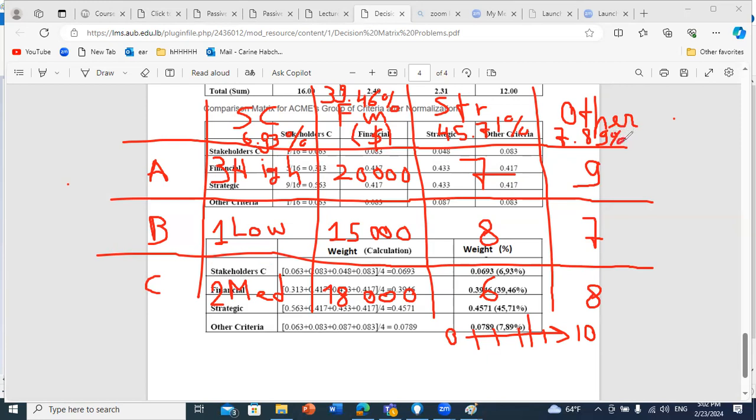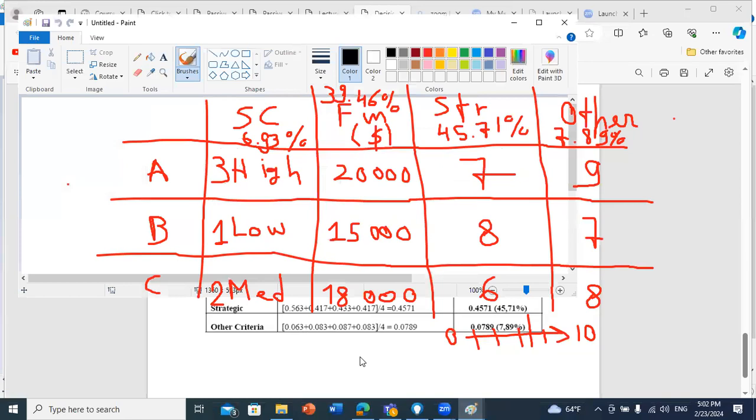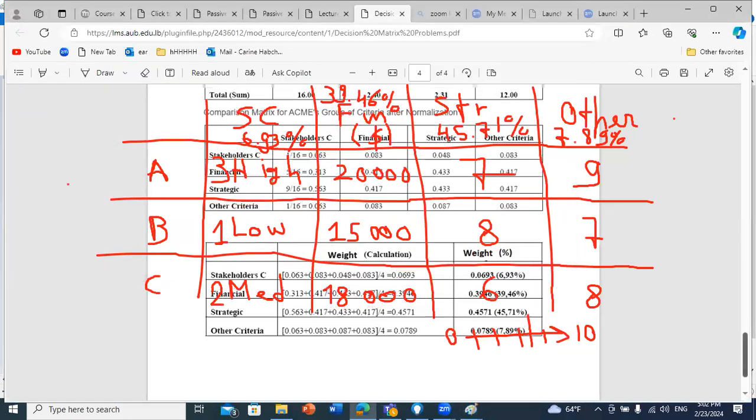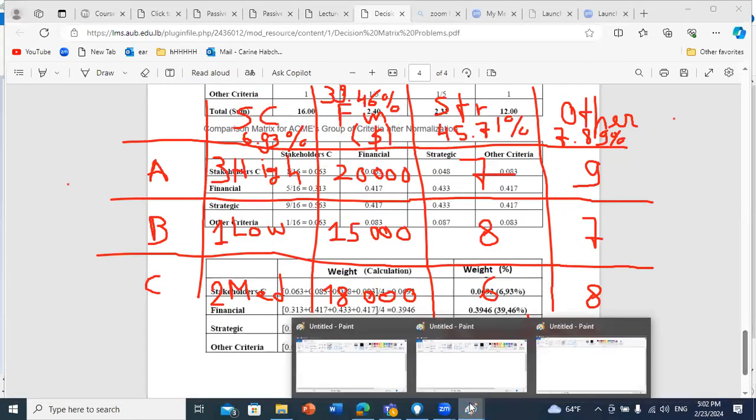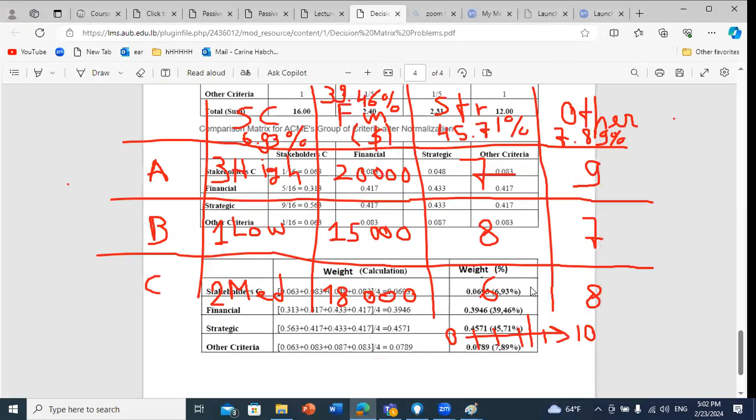Okay. And now what is the next step? Who remembers what is the next step before calculating the grade? Who can tell me?